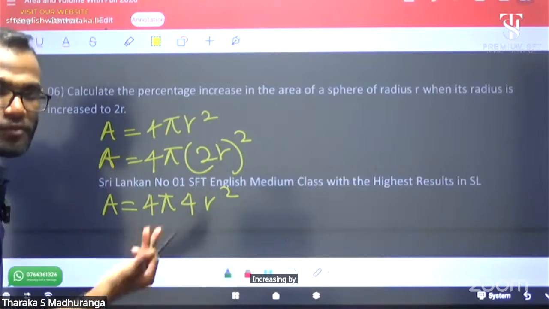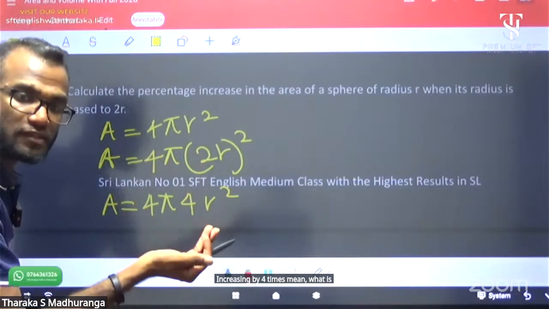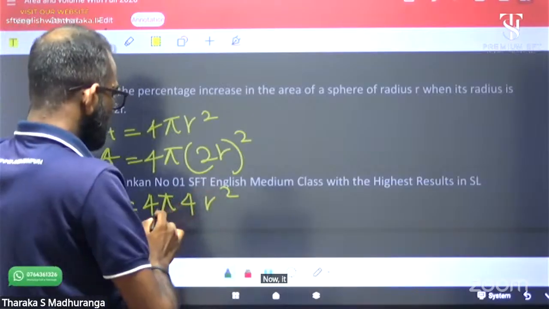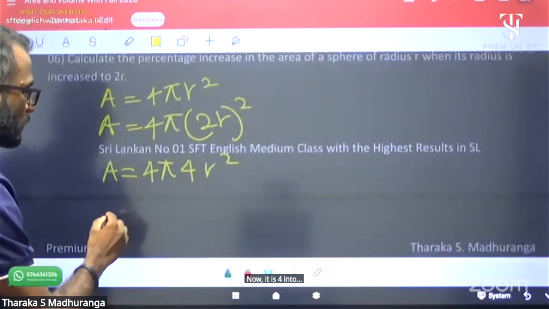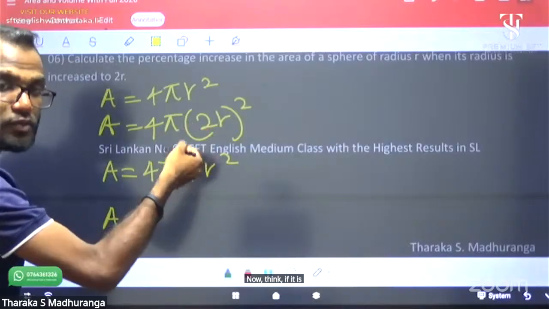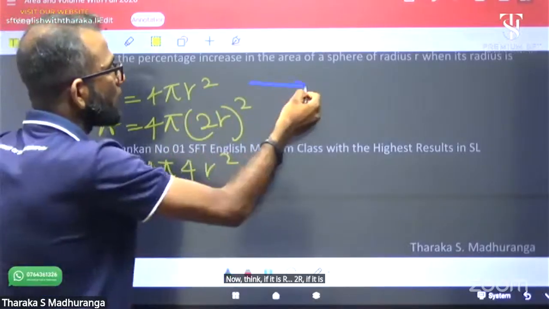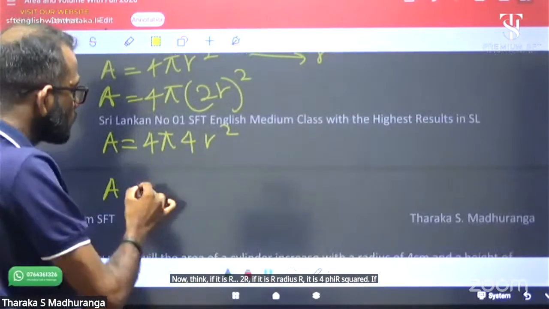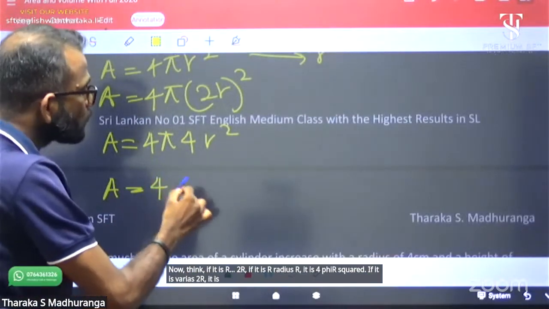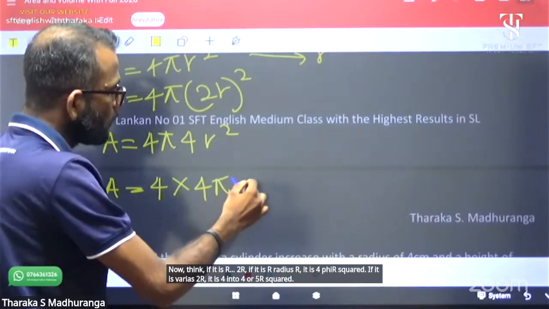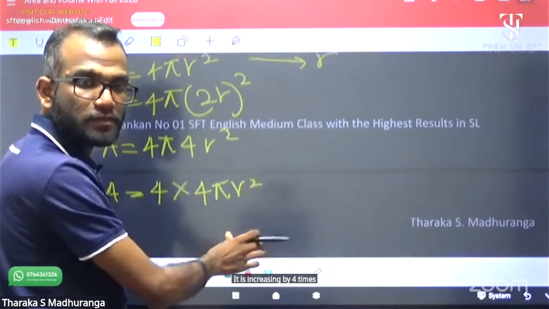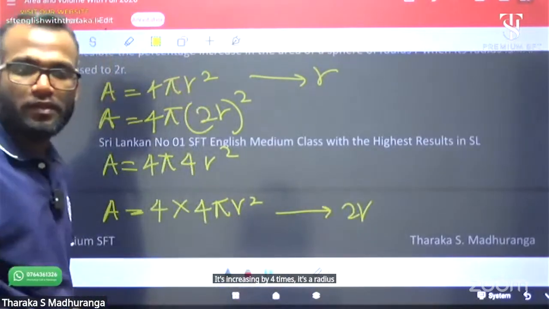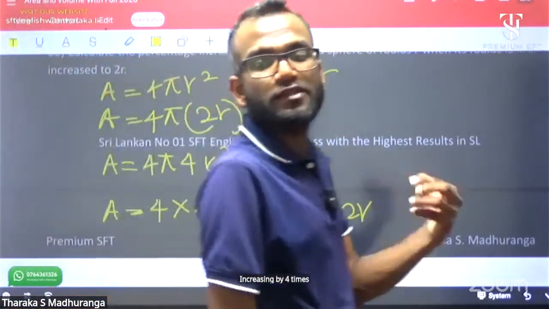Think: if the radius is r, it is 4πr squared. If the radius is 2r, it is 4 into 4πr squared. It is increasing by 4 times, no? When the radius is 2r, the area increases by 4 times.